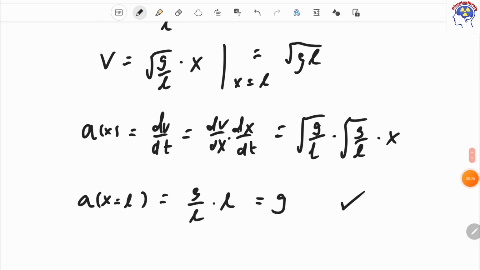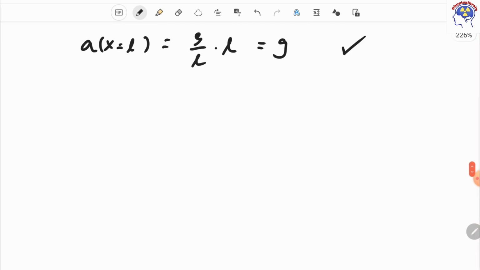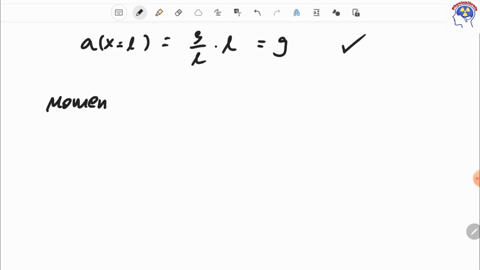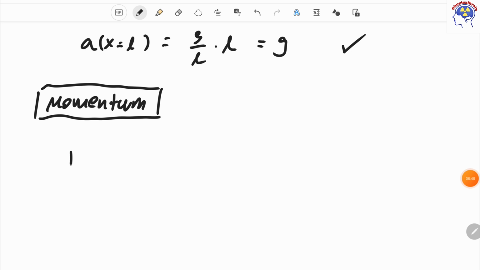Now from the momentum point of view, in a similar way to the forces, F equals dp/dt. It's another way of looking at the second law of Newton, equals m_x g, m dependent on x.